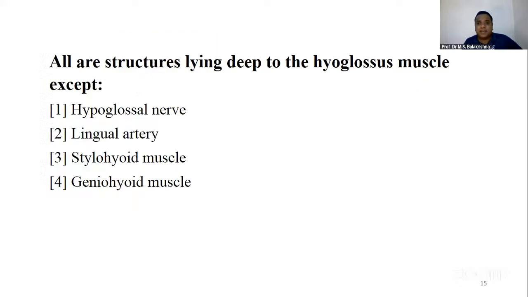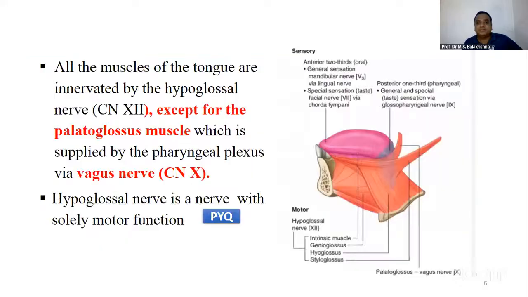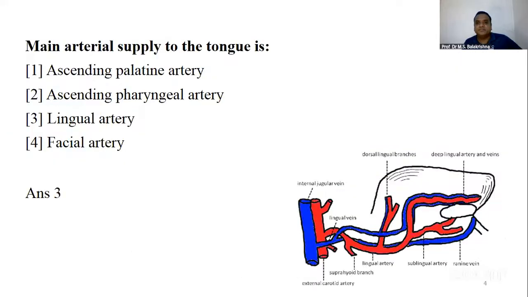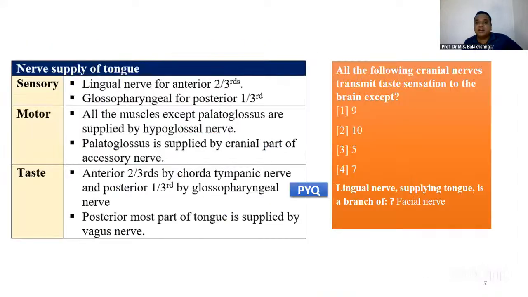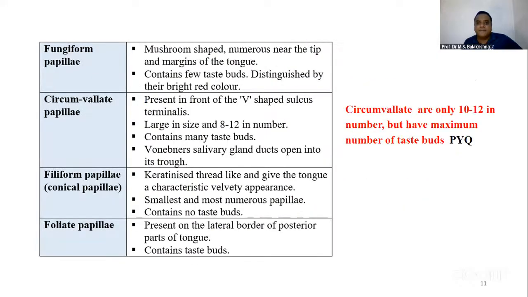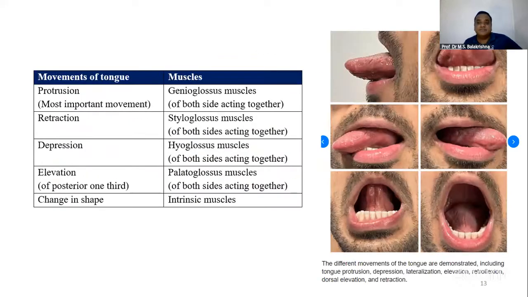Let me come back again. See, this is what I explained to you just a few minutes back. Protruding the tongue. So the same question can be converted into retraction, depression, elevation.